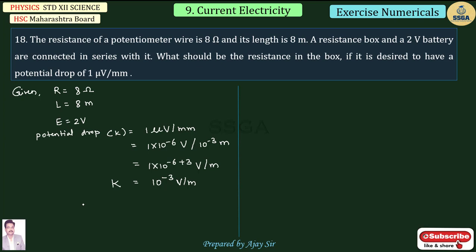So this is the value of K, the potential drop. And here we want the external resistance. So what is the value of external resistance, that is R_E? Let us use the formula.